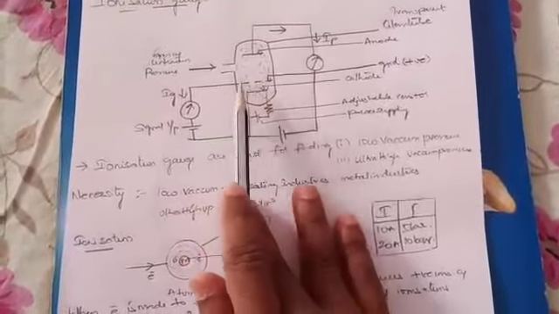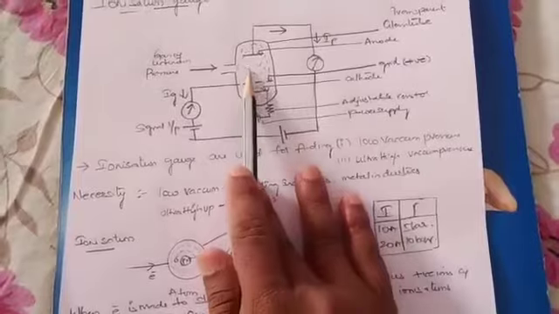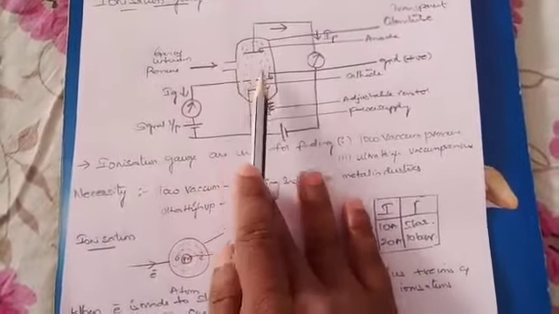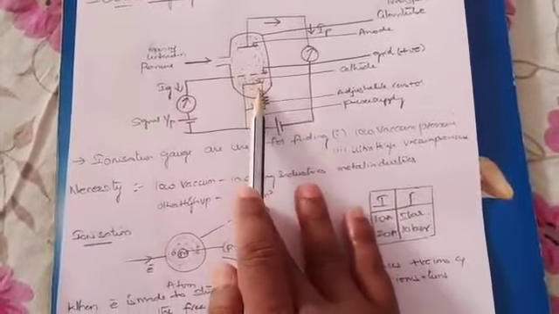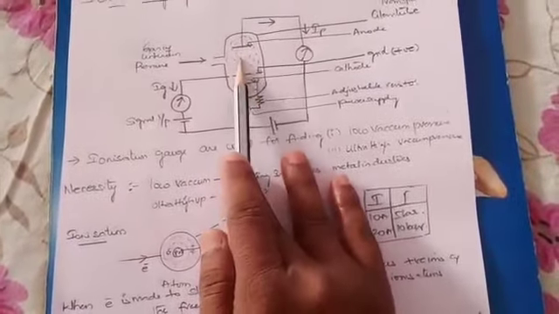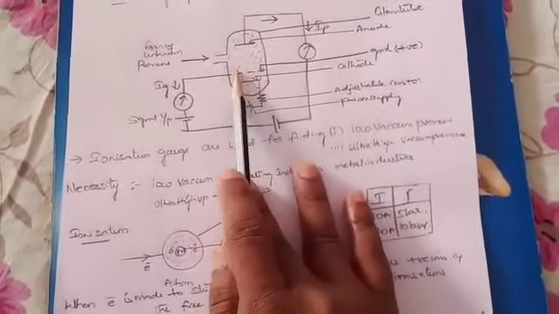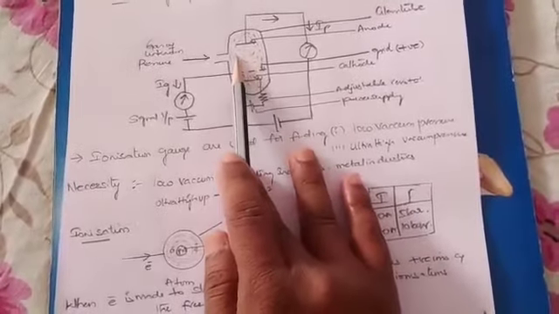There will be some highly charged electrons that start reacting with the gas sent to be measured. The gas consists of some particles, and the highly charged electrons react with these gas particles in such a way that the ionization process takes place, generating a positive ion as well as a free moving electron.